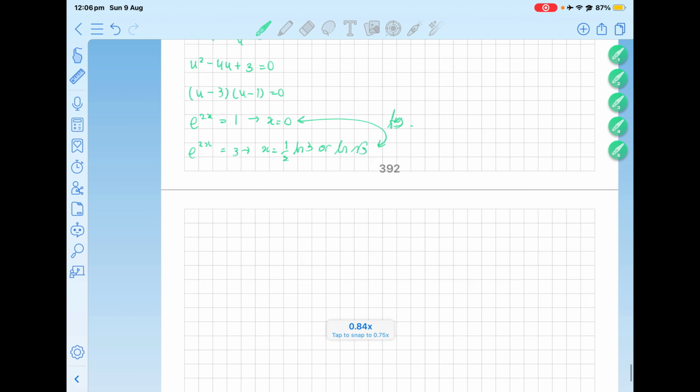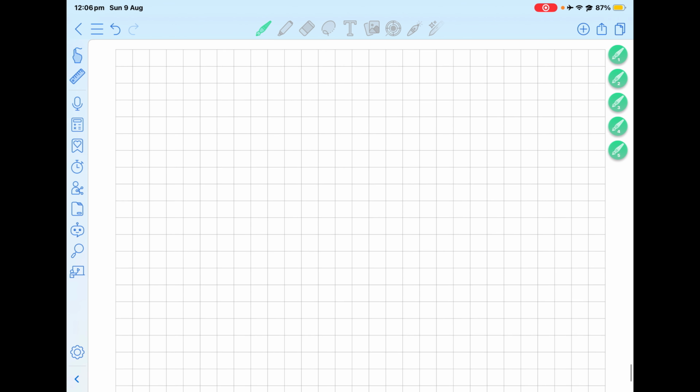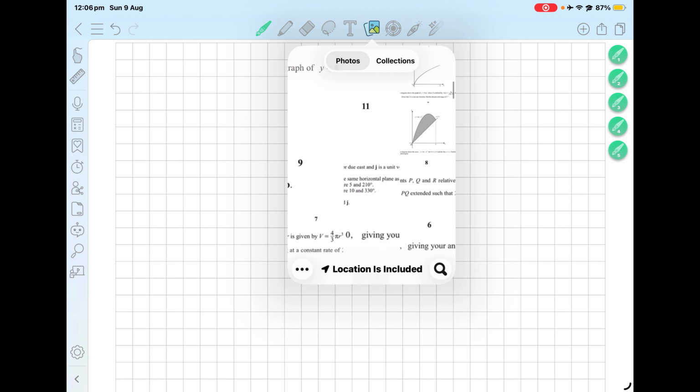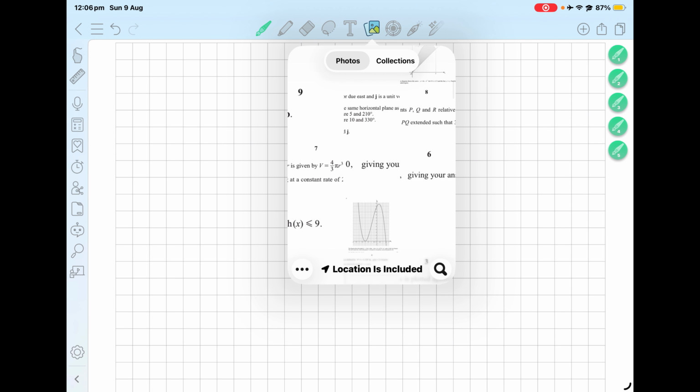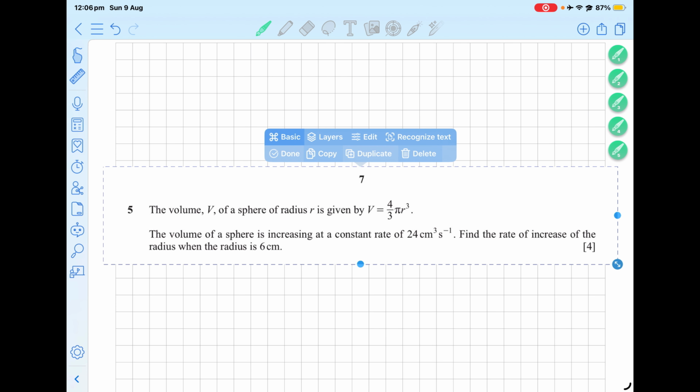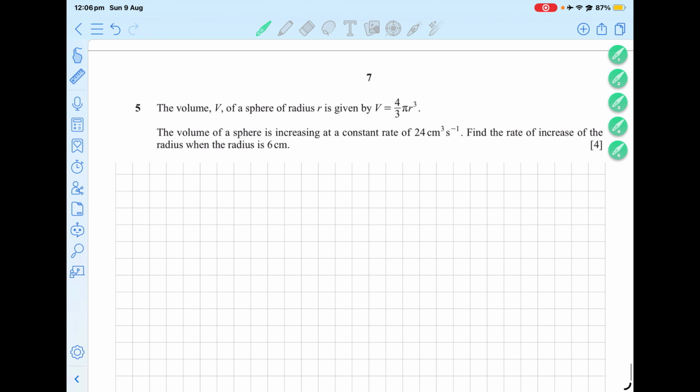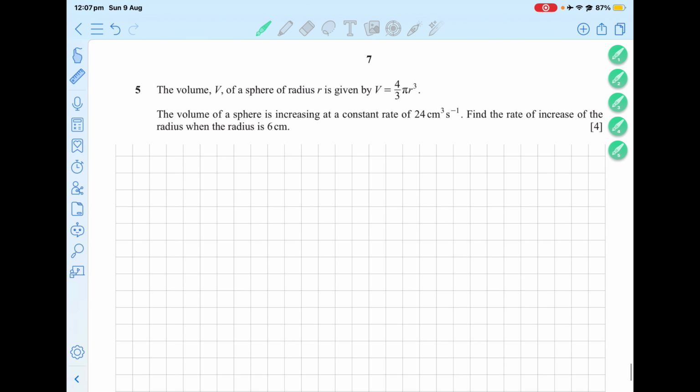Okay, then moving on to, I think, question number 5. Yeah, so question 5. So this is the volume of a sphere, and it's increasing at a constant rate. Find the rate of increase of the radius. So dr by dt. So I could write that as dr over something into something over dt.